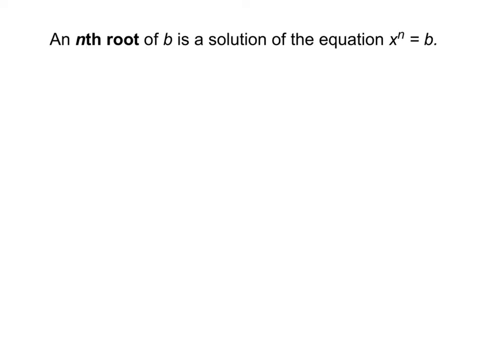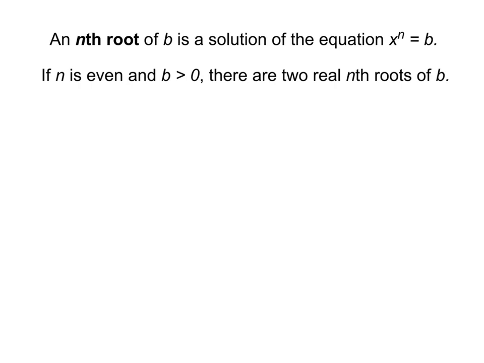So now let's look at the general case where we're talking about the nth root. We've talked about the square root and cube root, so let's take it to the general case. An nth root of b is simply the solution of the equation x to the n equals b. Now, whether n is odd or even is going to make a difference with the number of answers you have.